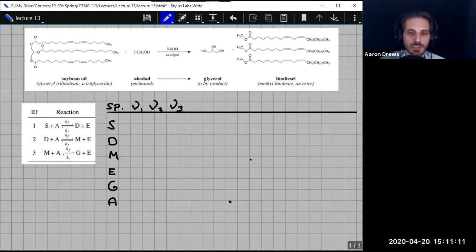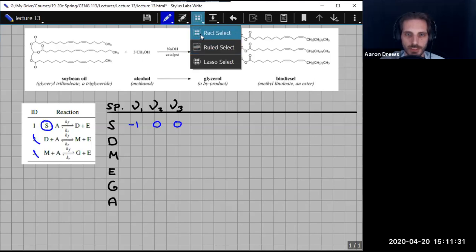So we can fill out these stoichiometric coefficients just from looking at our reaction. And so if we look at the soybean oil, it only participates in the first reaction, and it's not in the second reaction, and it's not in the third reaction. And so as we would be accustomed to do, we would see -1, 0, and 0 for that.